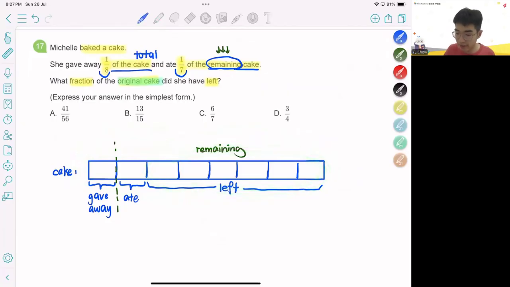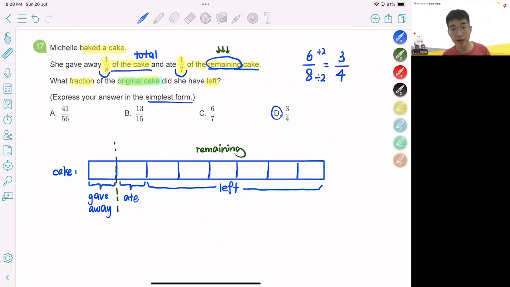So the portion that is left will be 6 over 8. Because remember, I want the simplest form. So can I make the denominator and the numerator smaller? Yes, I can. I can just divide the top and the bottom by 2 to get 3 over 4. So with that, the answer is D.